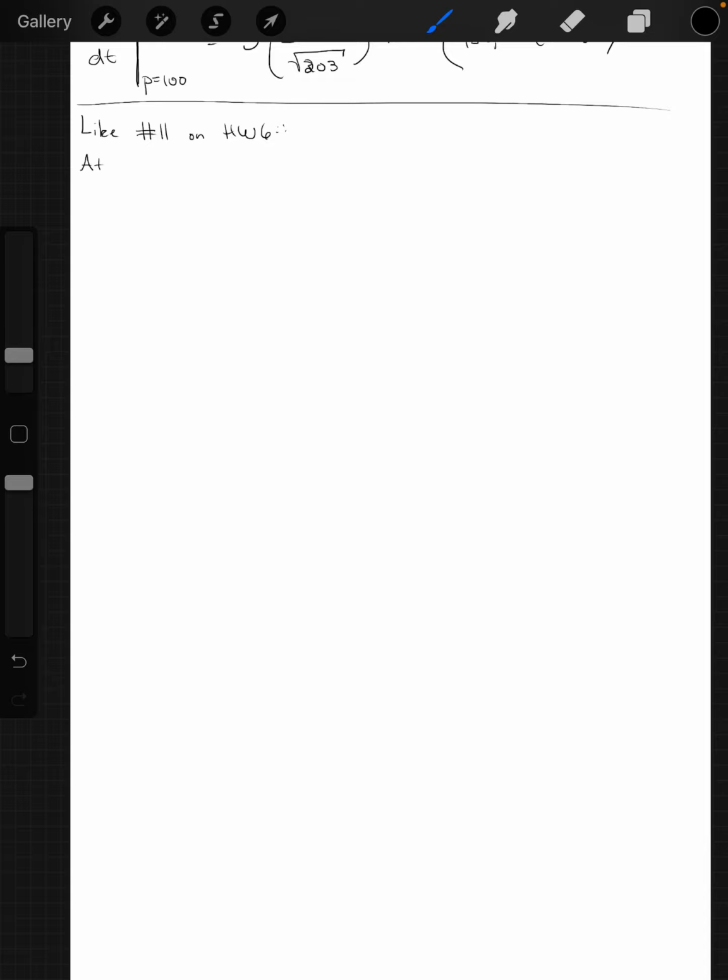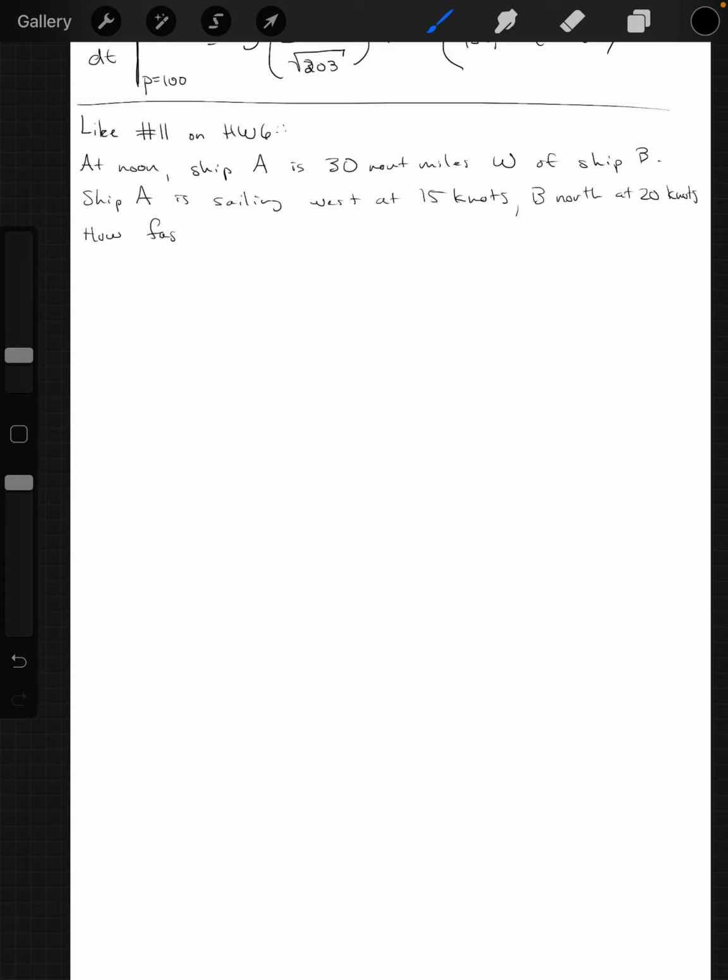Okay, so at noon, ship A is 30 nautical miles due west of ship B. Ship A is sailing west at 15 knots, and B is sailing north at 20 knots.